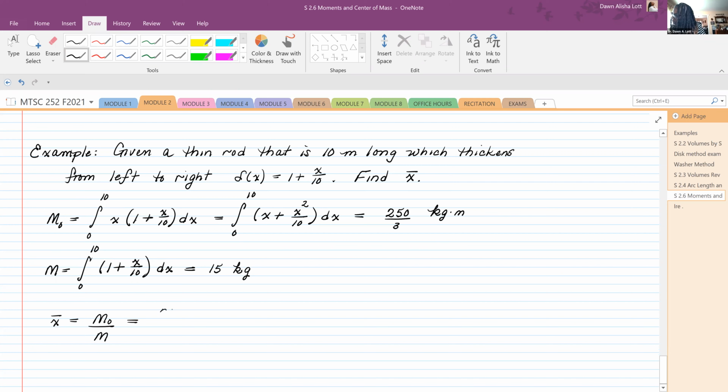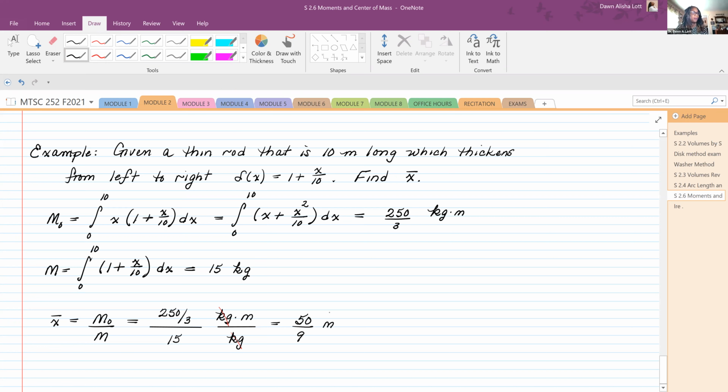So that's going to give me 250 thirds, and then I'm going to divide that by 15. Notice this is kilogram meters, and this is just kilograms. So when I'm done, my answer is in meters, which is the location. And this turns out to be 50 over 9 meters.